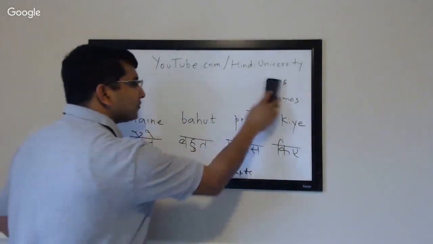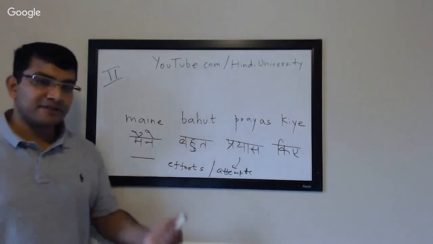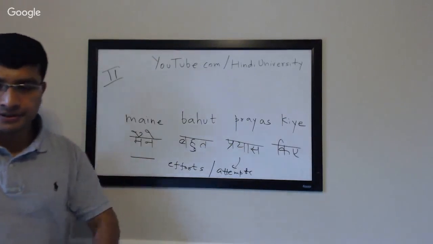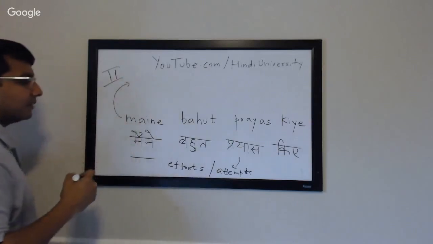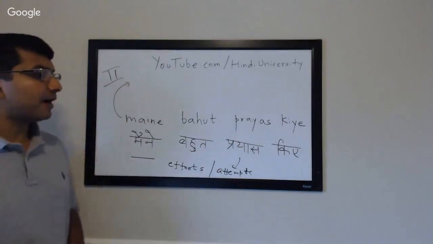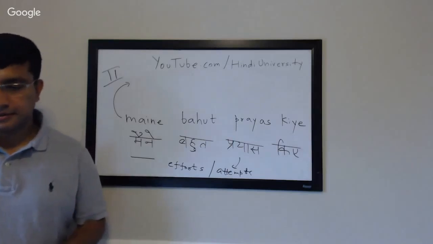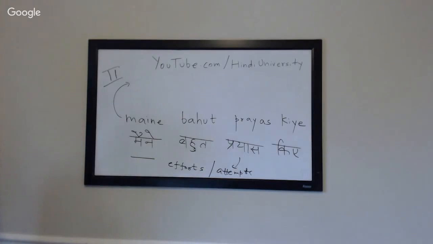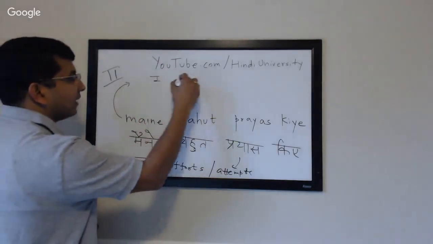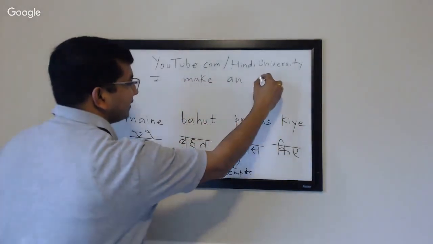Now let's say you want to say the same sentence. So far we have been writing it in the present form and converting it into the past. Now let's say you want to say the sentence in present form, that I try, or I make an attempt. Let me simplify it for you.